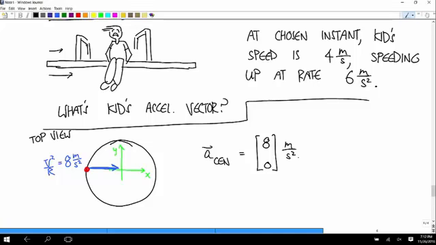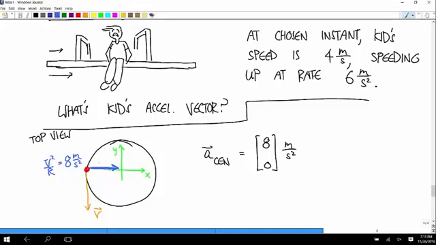Okay, now we have to think about the tangential acceleration. We haven't had that in either of the two examples so far, but this time he's speeding up, so we know we're going to have tangential acceleration. The velocity is like this. He's speeding up, so which way is the tangential acceleration? Up or down? Yep, down.